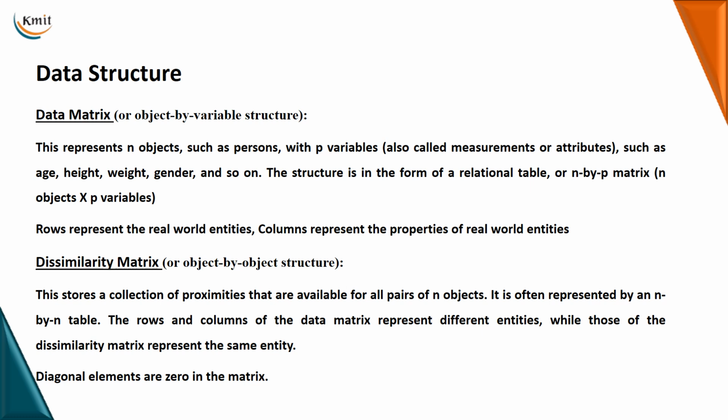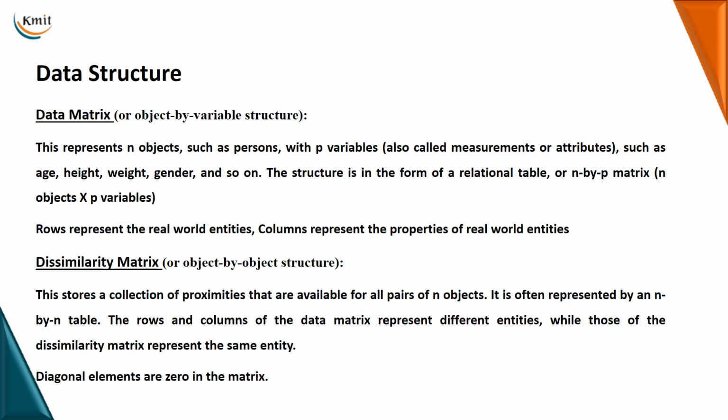You can see here, this represents n objects such as persons with p variables, also called measurements or attributes, such as age, height, weight, gender, and so on. The structure is in the form of a relational table or n by p matrix. Now, as I told you, you have rows and columns as it is a matrix.